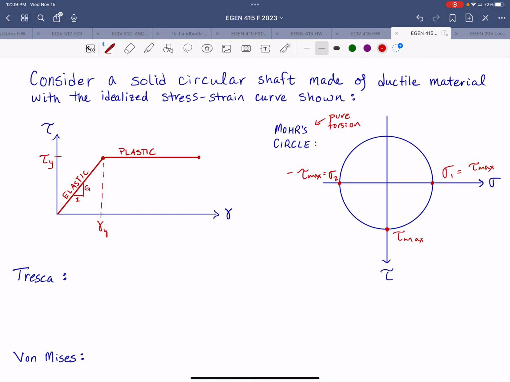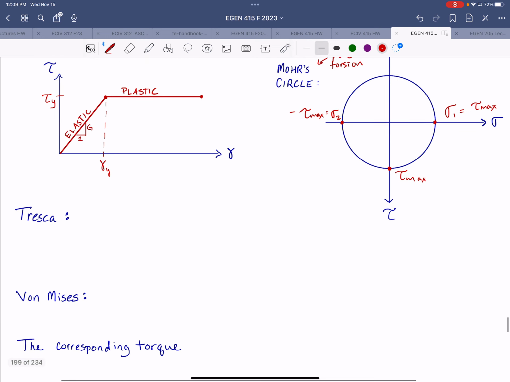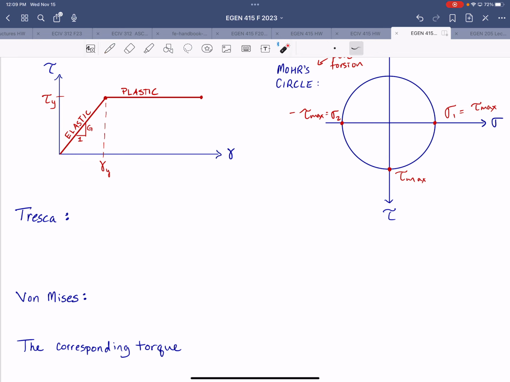If we think back to the Tresca criteria versus the von Mises criteria, let's see what comes from that. This first chunk of the lecture is not really essential for the rest of the lecture notes, but I threw it in there to tie us back into the concept of our failure theories.